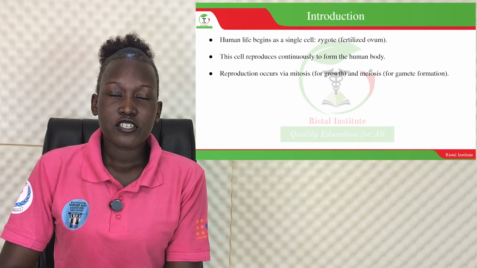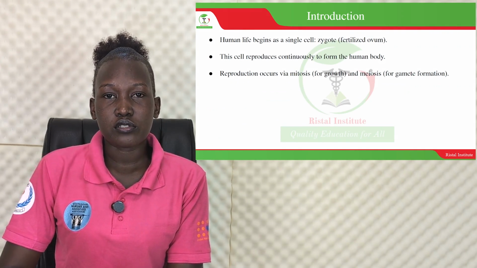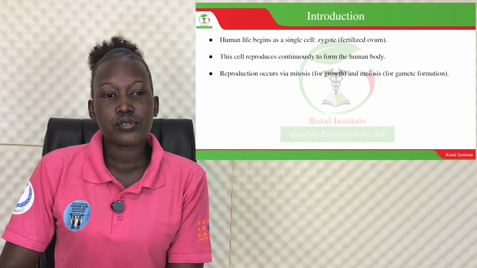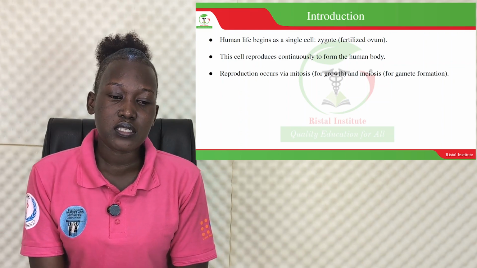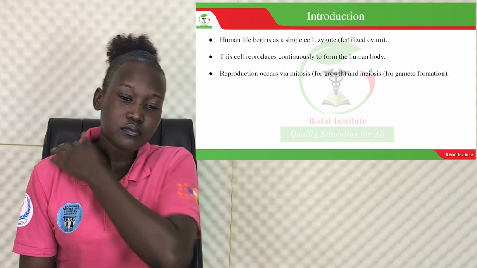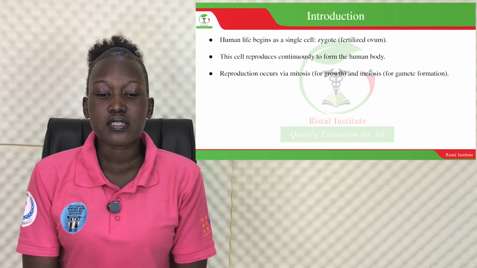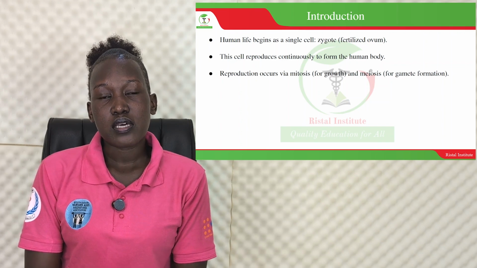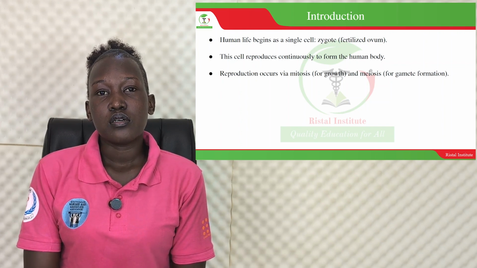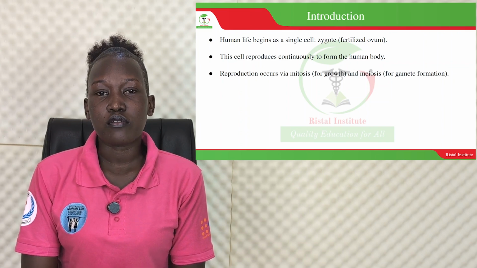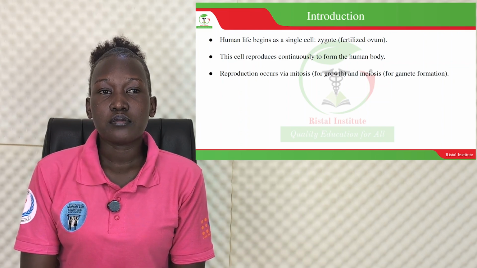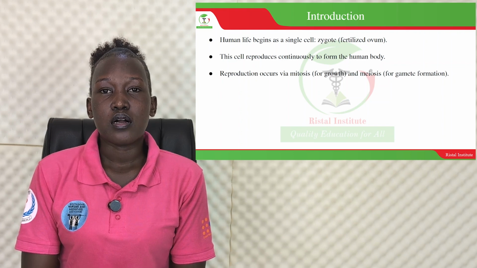So our first slide is the introduction. When you talk about fetal development, basically we want to look at how human life begins as a single cell, which is a zygote. The other name of a zygote is a fertilized ovum, which usually comes as a result of sexual intercourse.